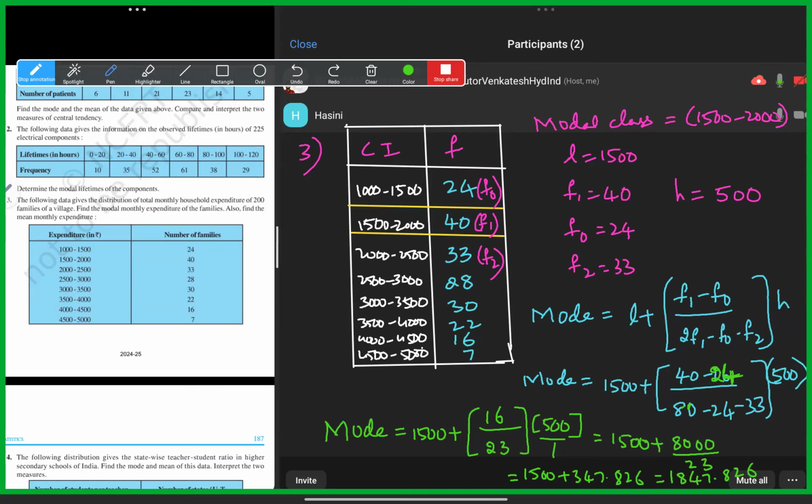This decimal does not end; it will go on past 826, but we'll take it till the third decimal.